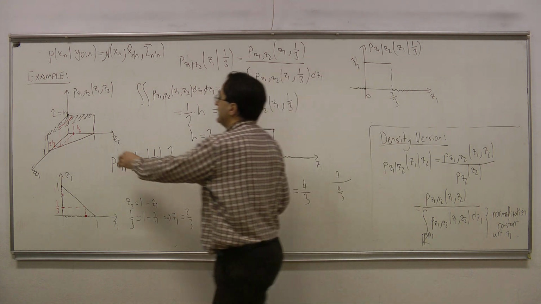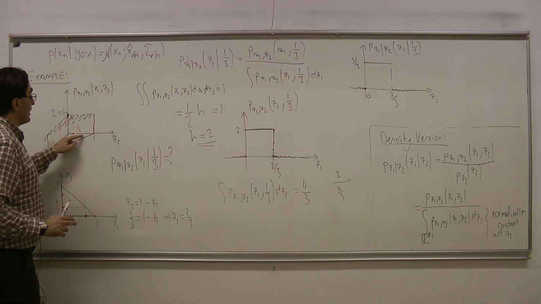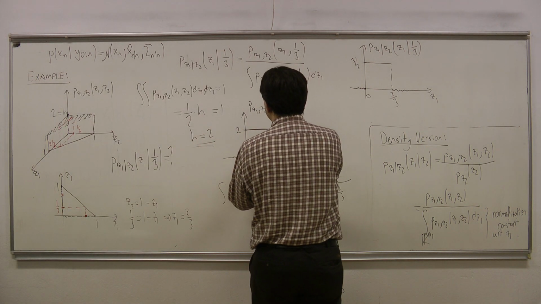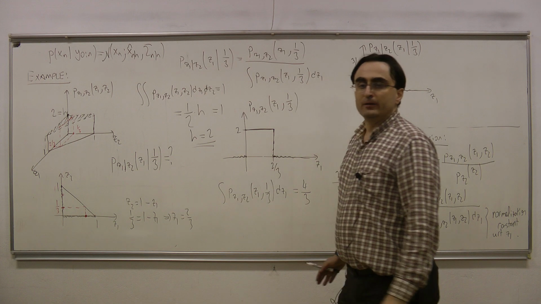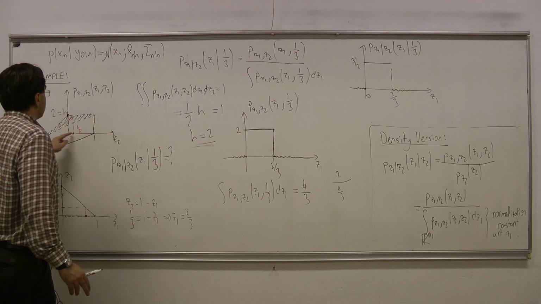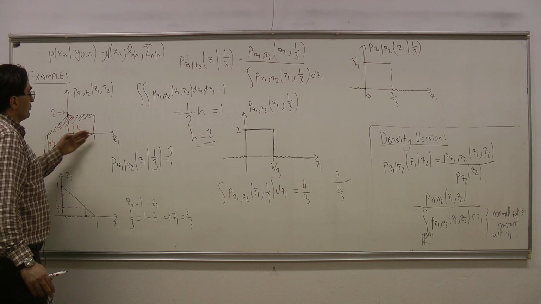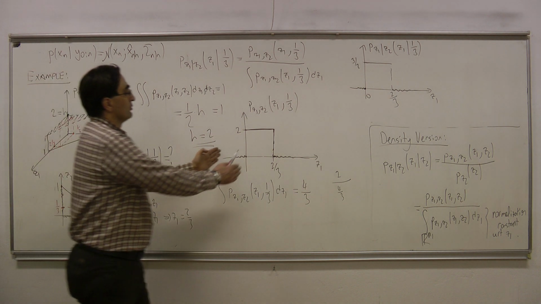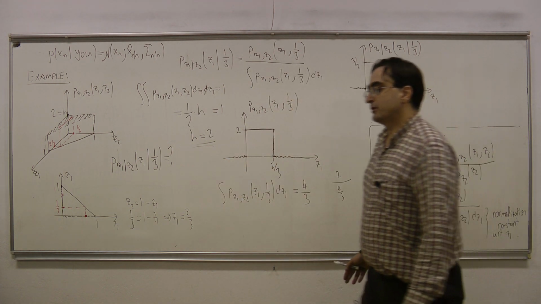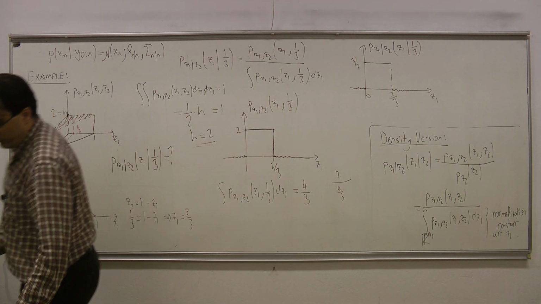If I take Z2 values larger than 1 over 3, the support of the uniform distribution gets smaller and smaller. So by changing the Z2 value, the conditional distribution of Z1 changes, including its support.